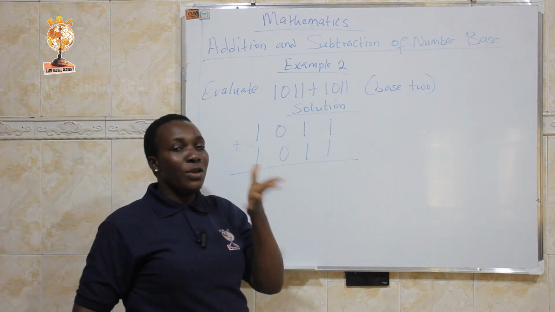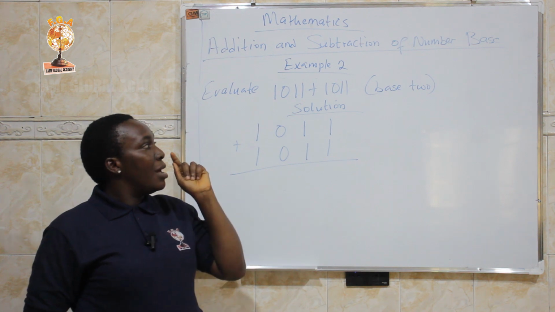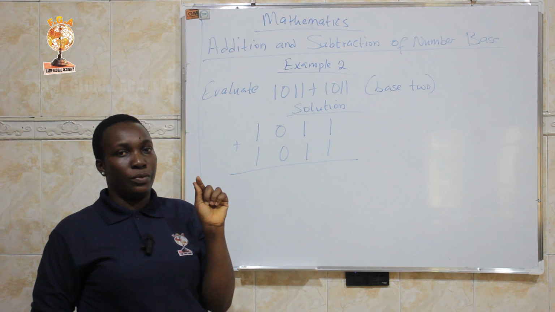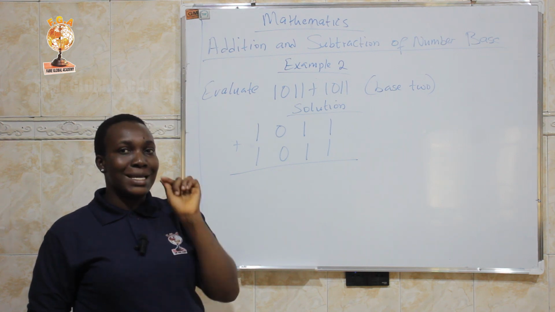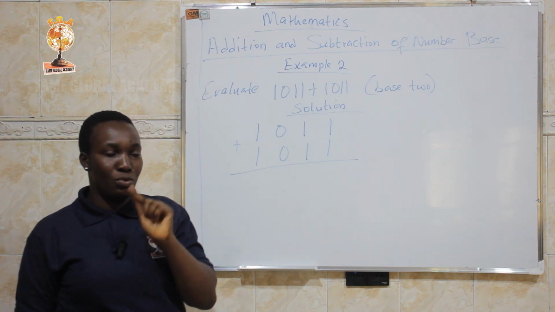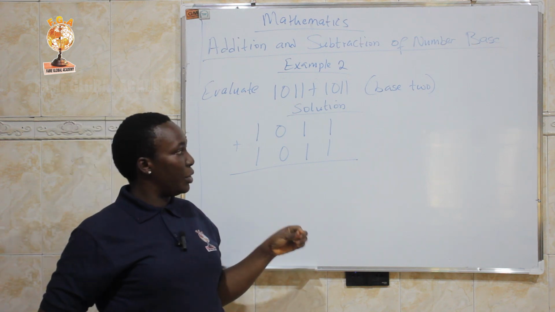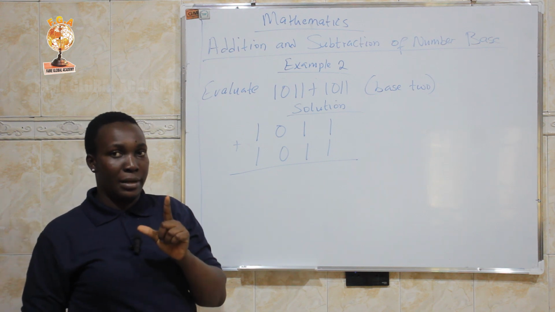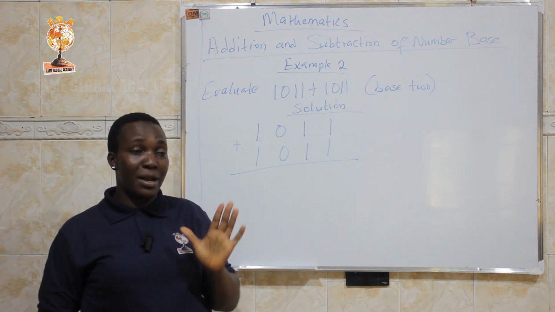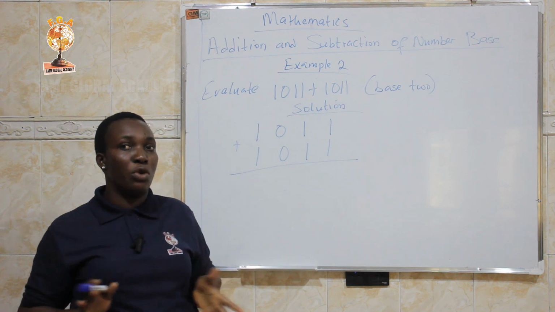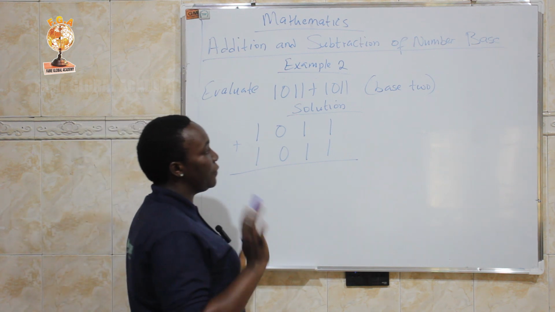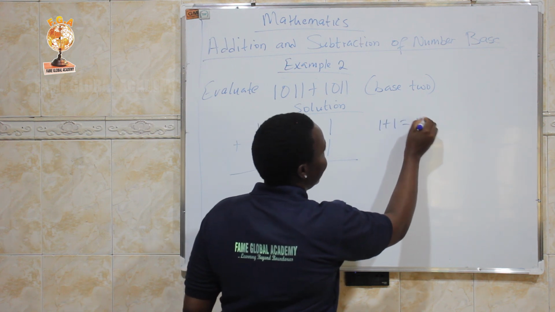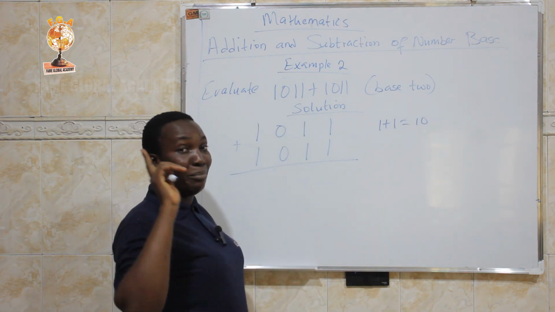Now when we are adding binary numbers, in binary numbers, 1 plus 1 is 10, not 2. 1 plus 1 is 10 in binary, not 2, like your normal addition. So this 1 plus 1 is not going to give us 2, rather it's going to give us 10. That is the law of binary. Binary, we are coming to binary, is a whole topic on its own. But just for now, just know that 1 plus 1 is equals to what? 10. That is applicable in binary.